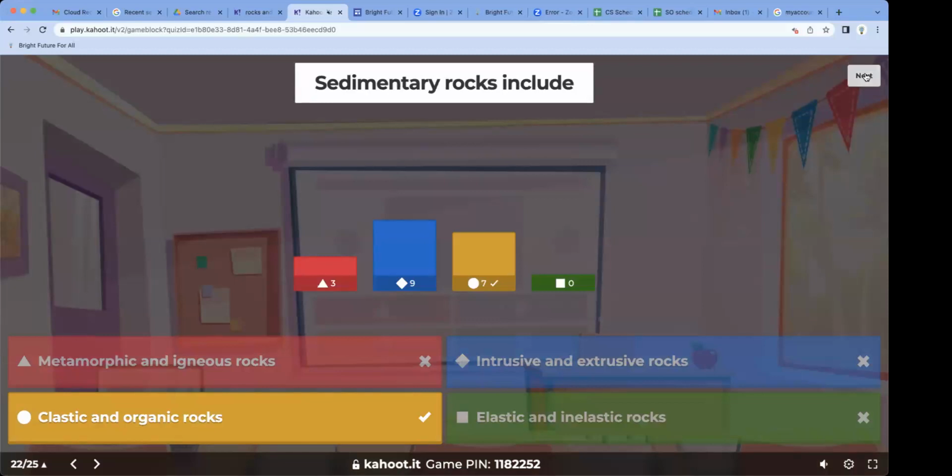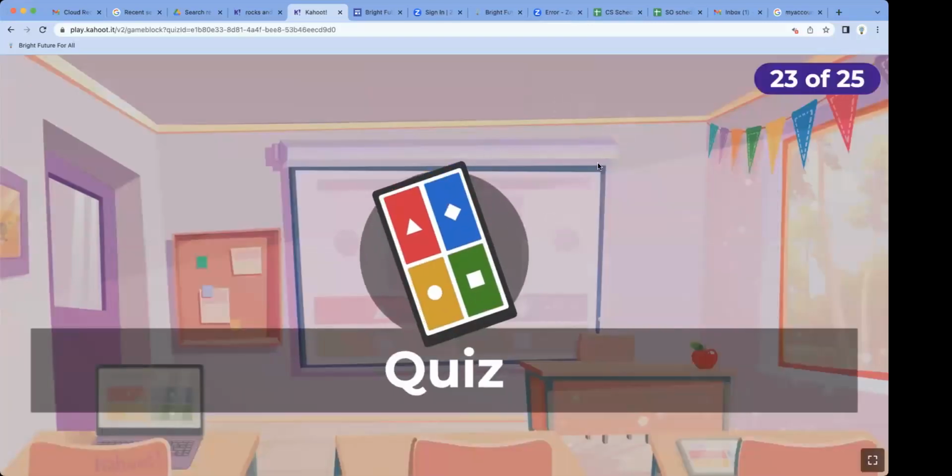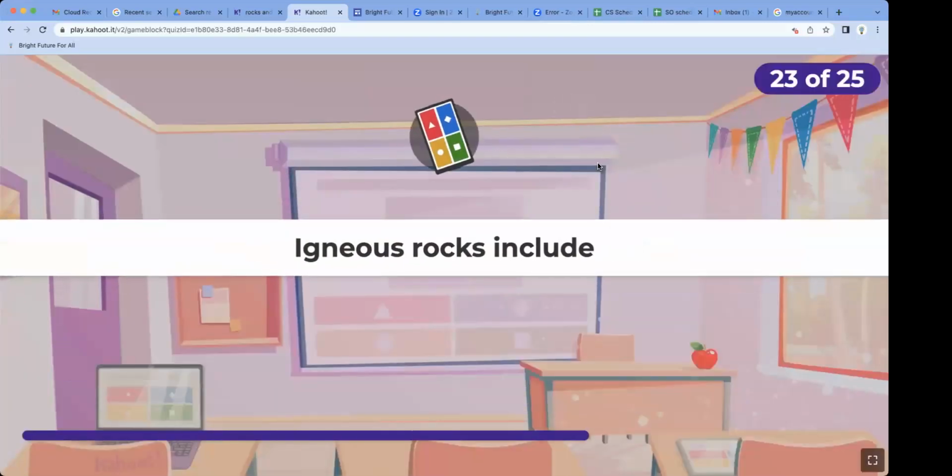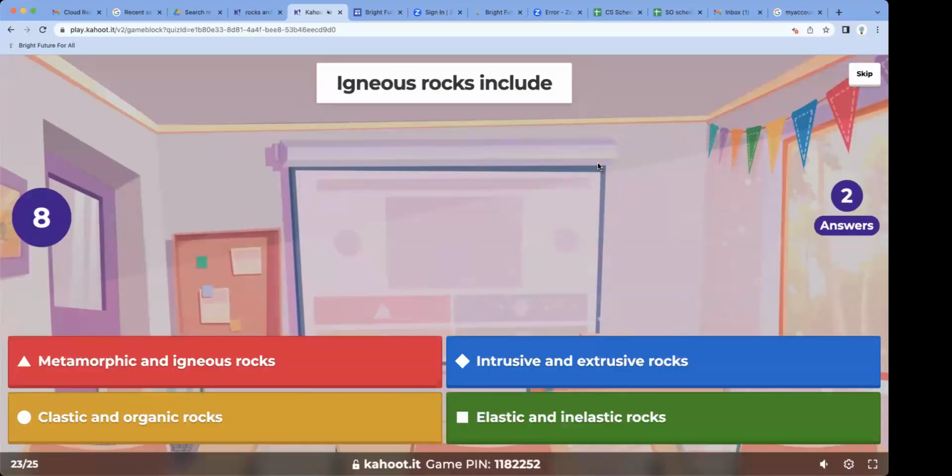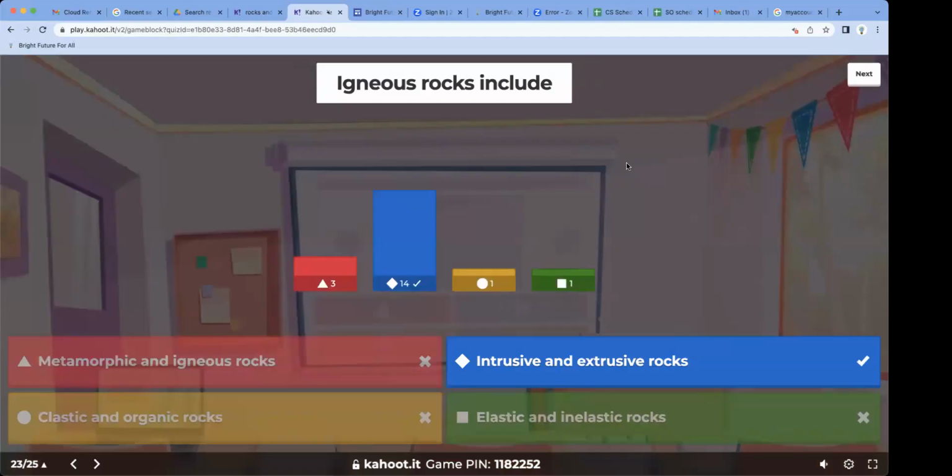Intrusive and extrusive rocks are for igneous. Next question. Igneous rocks include, yeah, intrusive and extrusive rocks. Good job.